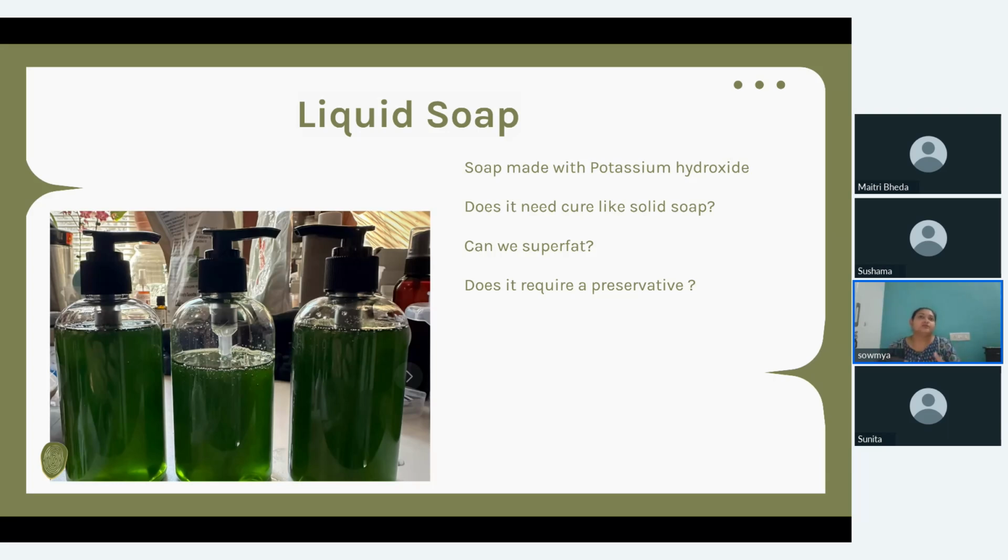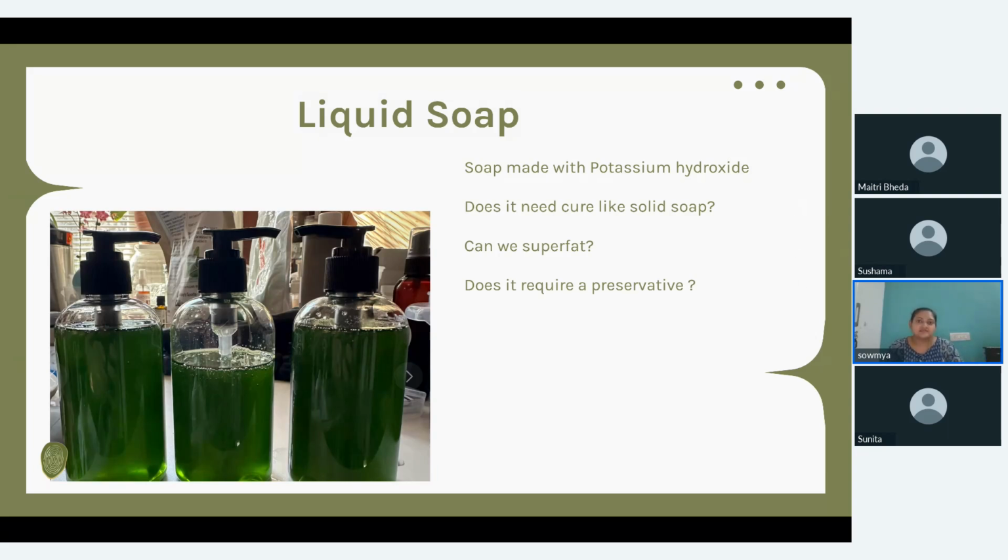That means you make the liquid soap and allow it to stay in its dissolved state for say 3 to 4 weeks, or even longer.